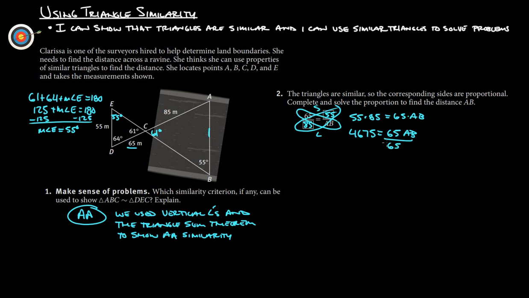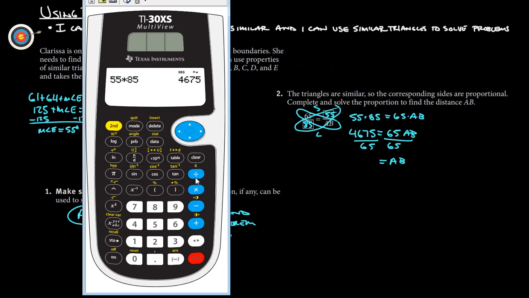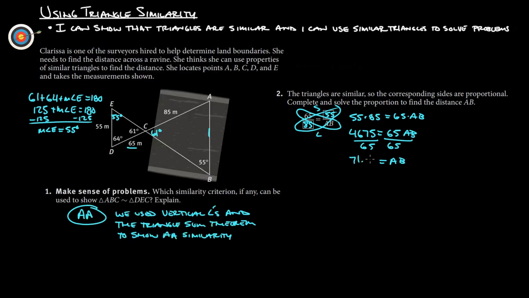Divide both sides by 65, and that will tell us that side AB is 71.9. Okay, so we get that AB is 71.9, and these are all in meters, so don't forget to put your label on there.